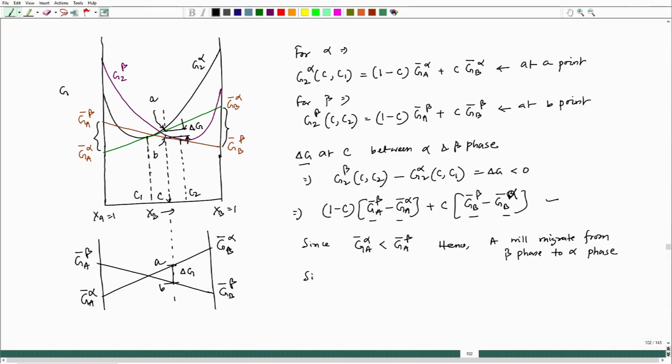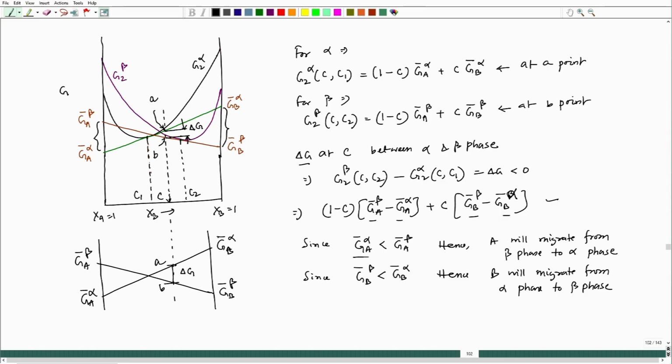Now, if we go to the other side, G B beta is less than G B alpha, hence B will migrate from alpha phase to beta phase. Okay. Now, this is interesting.